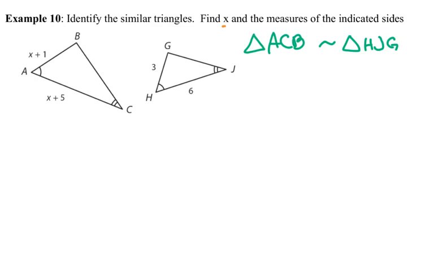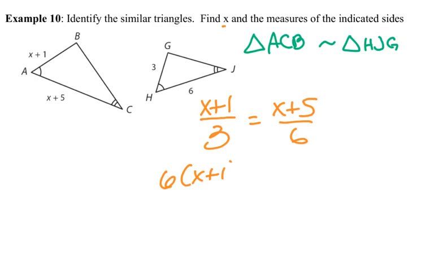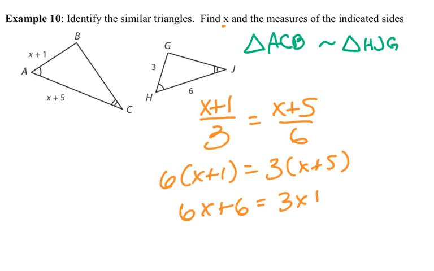The next thing I have to do is find x and the measures of the indicated sides. Because the two triangles are similar, I can write a proportion. So I can say x plus 1 to 3 is equal to x plus 5 to 6. Using my cross products, 6 times x plus 1 equals 3 times x plus 5. 6x plus 6 equals 3x plus 15.